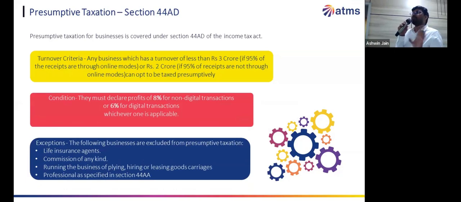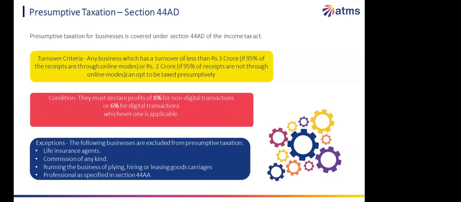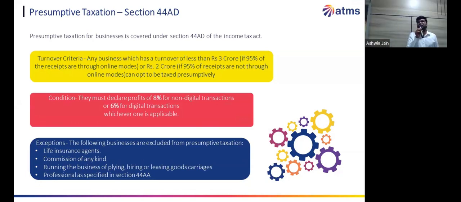So to brief you about presumptive taxation, 44AD and 44ADA, let's start with 44AD. It's a presumptive scheme which, in normal terminology, can apply to all the small business owners who cannot opt for maintenance of books of accounts and getting their books audited, and who are functioning on a very low or very minuscule scale.